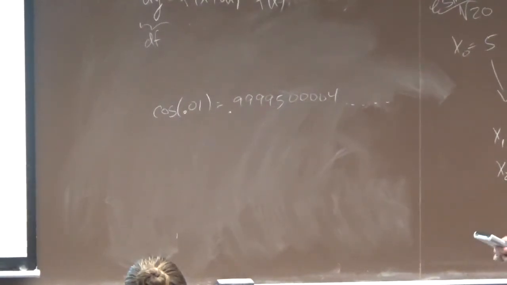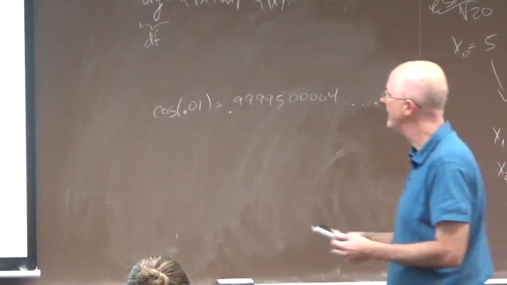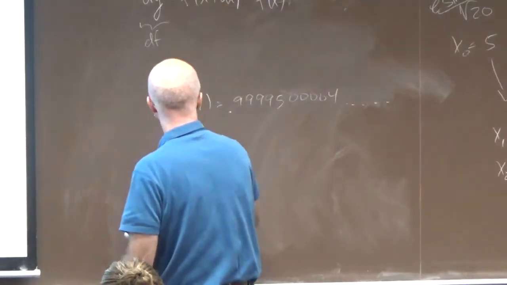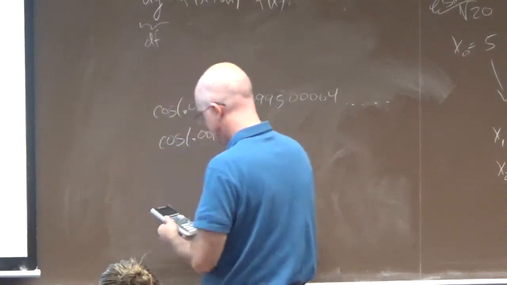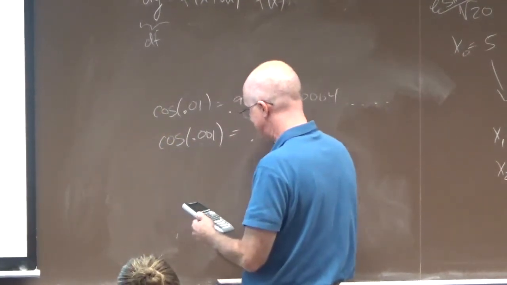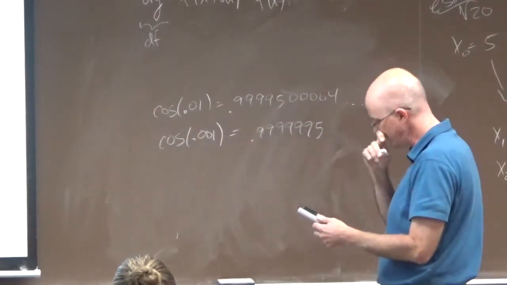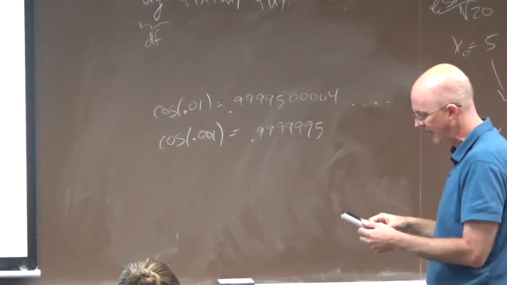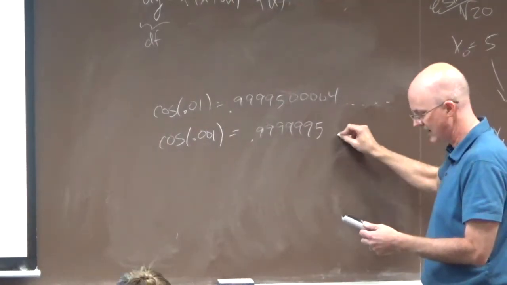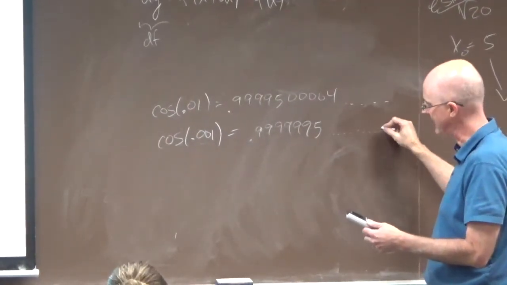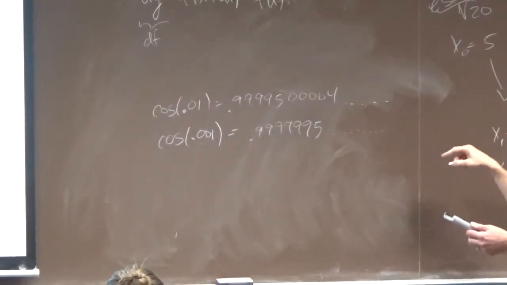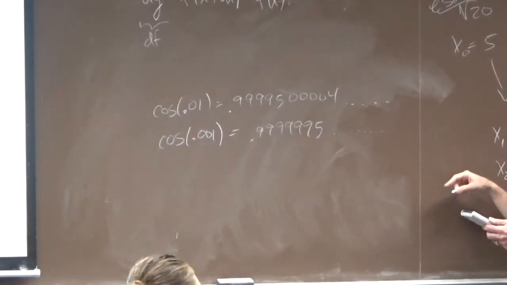Try cosine of 0.001. You're going to get 0.9999995, and for some reason my calculator is rounding it just that far. It does not equal that exactly. I'm sure it's irrational, but my calculator is stopping the rounding right there.